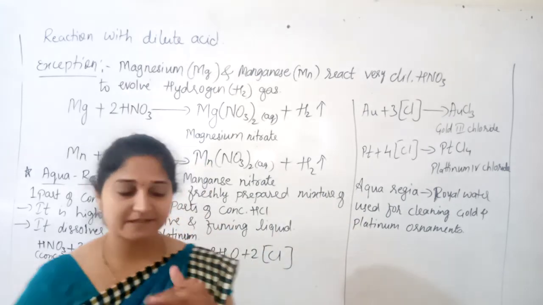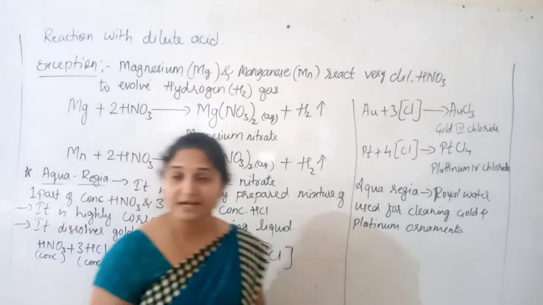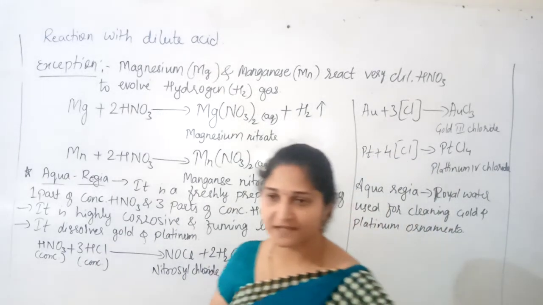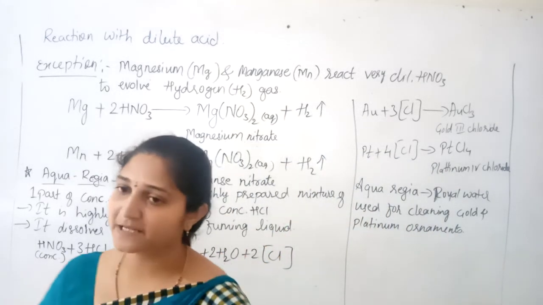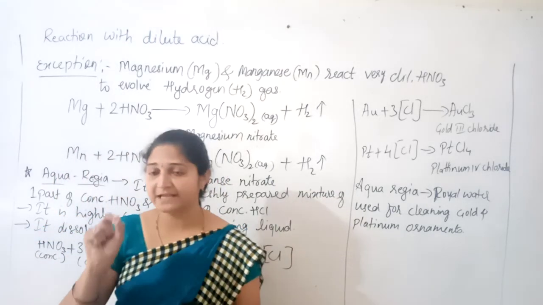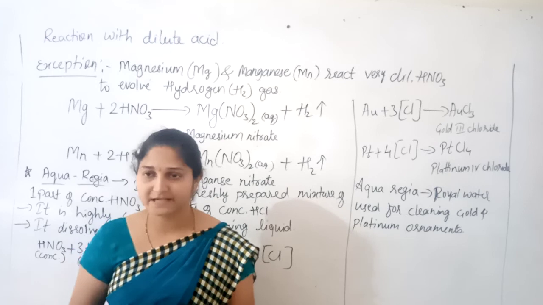Once we write an example, we'll understand it. Consider a copper sulfate solution, and put a metal in it, for example zinc dust.